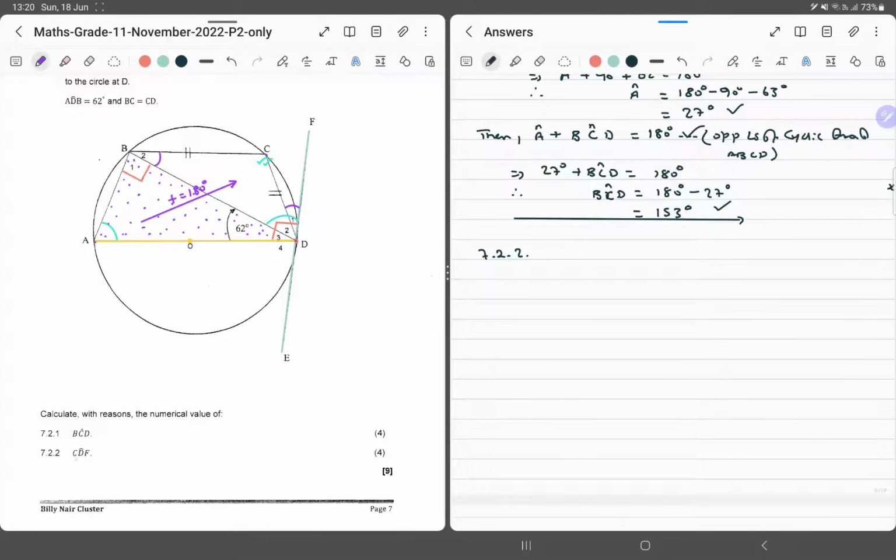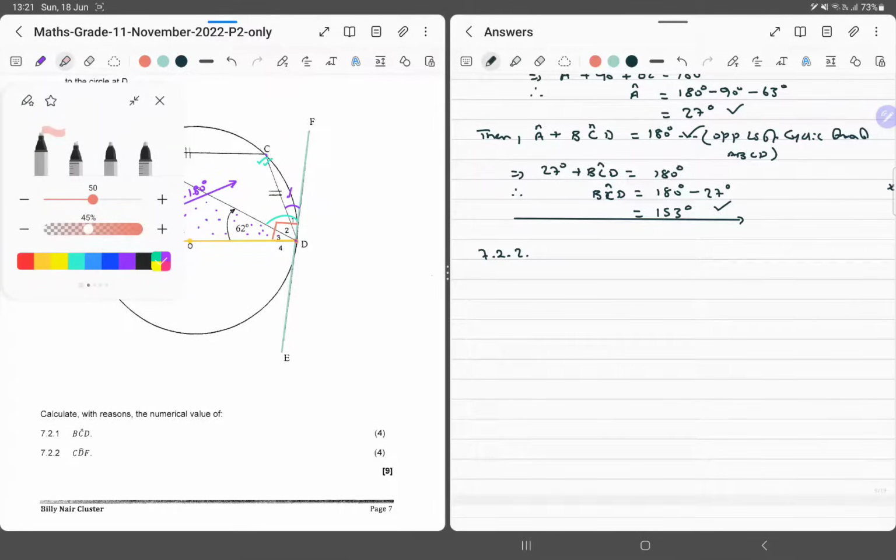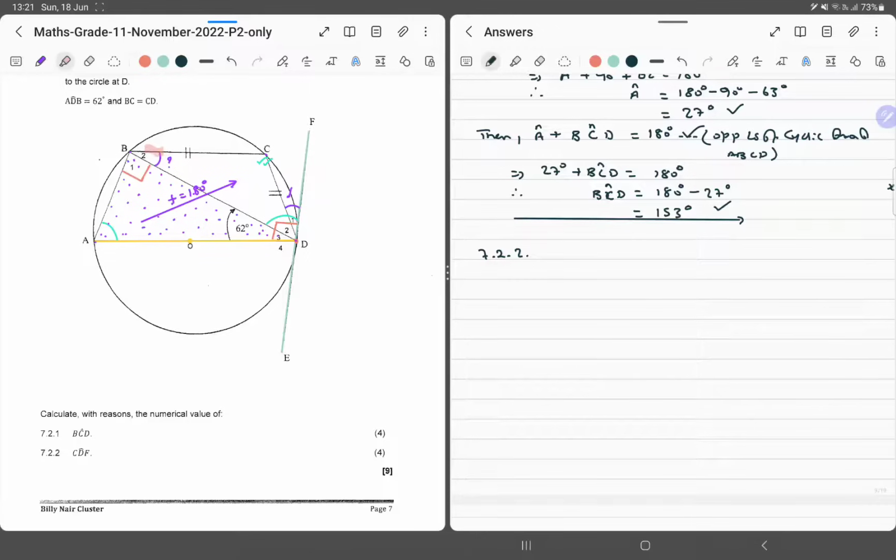7.2.2. We are looking for CDF. So this is the guy we're looking for. So obviously we need to find a way of calculating this guy. So what is the value of that guy? Now if you look at this triangle right here, maybe this color is fine.